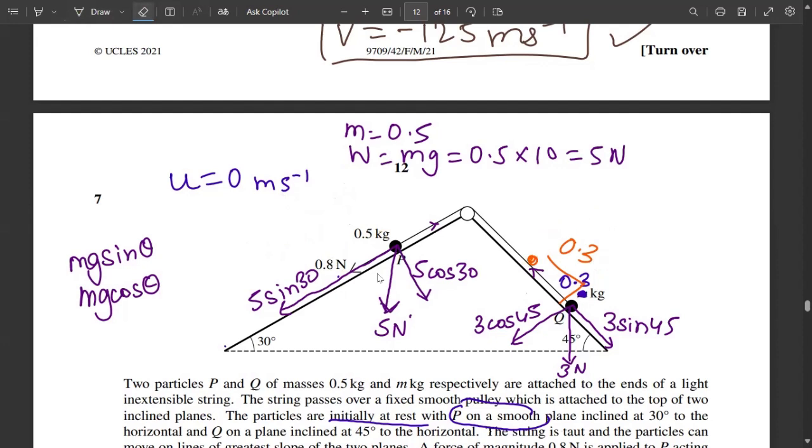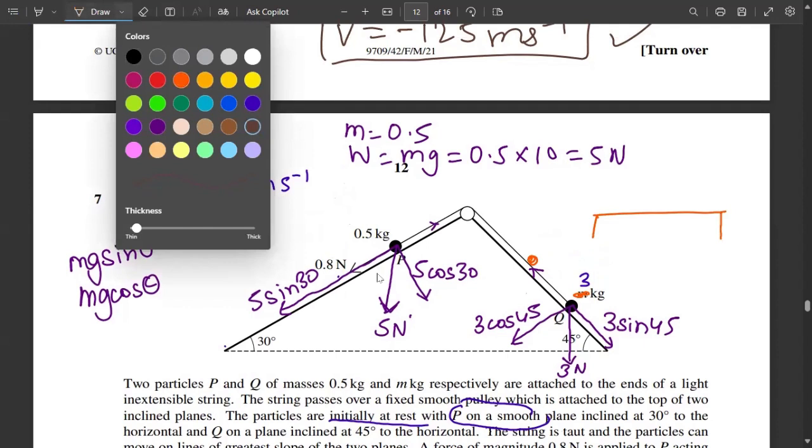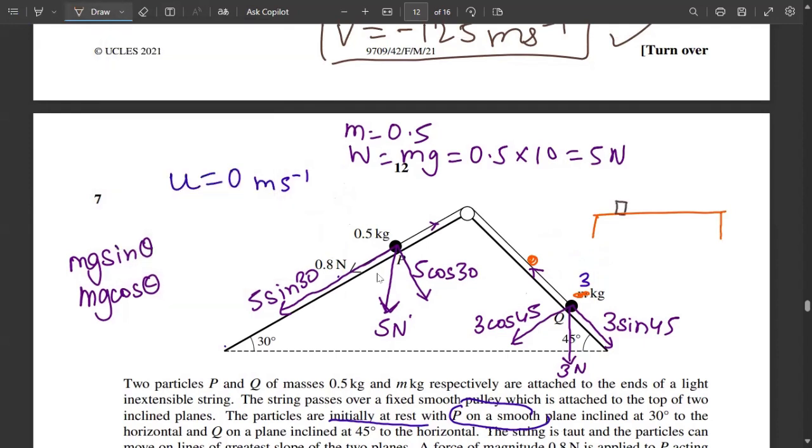It is just like, I'll give you a very basic example. Assume you have a table here. On the table, let me use a different pen, you have one box. You attach a stick to it, and use another box, and then push this box. So the velocity at which box A will travel will be equal to the velocity at which B will travel, right? Because both are attached together.